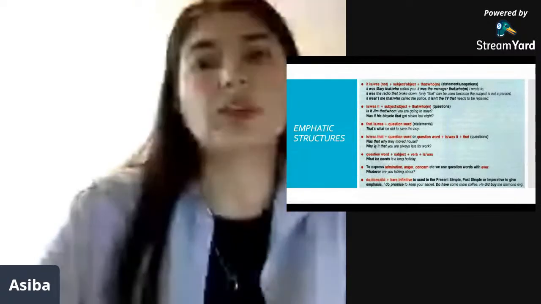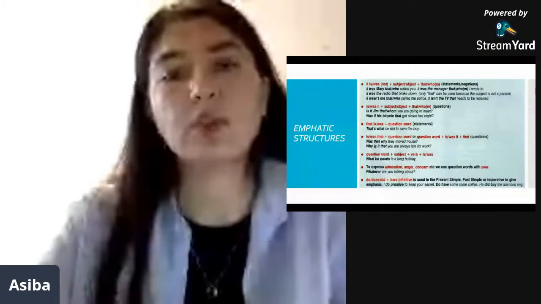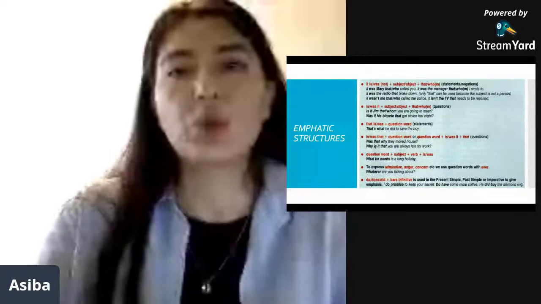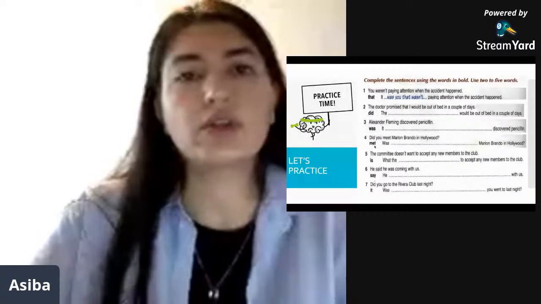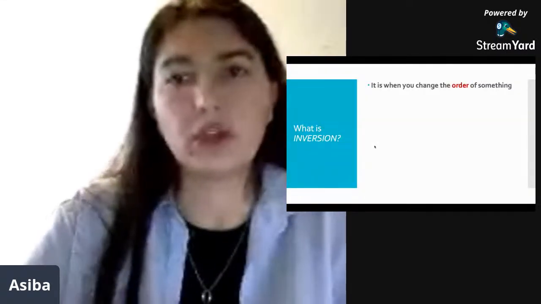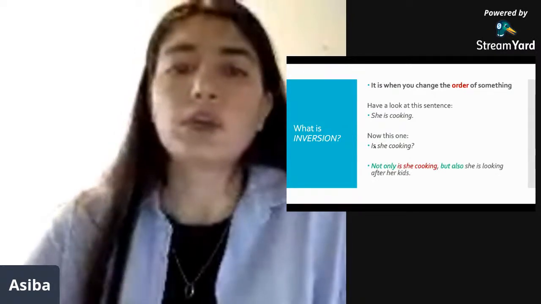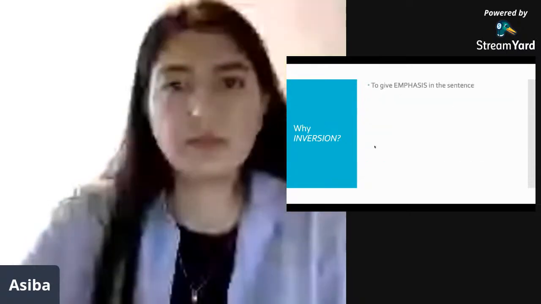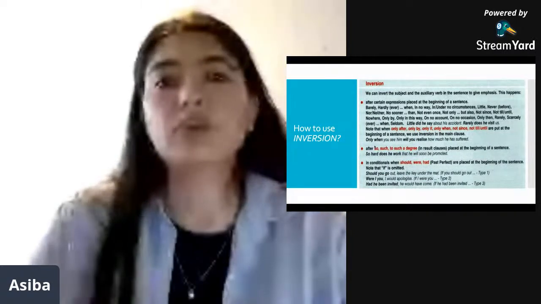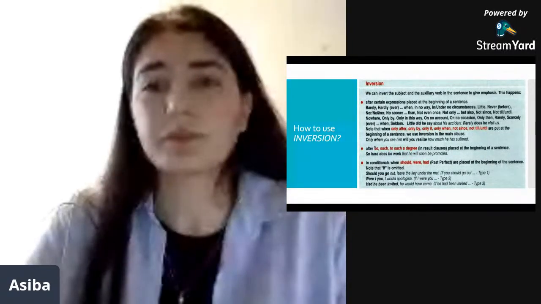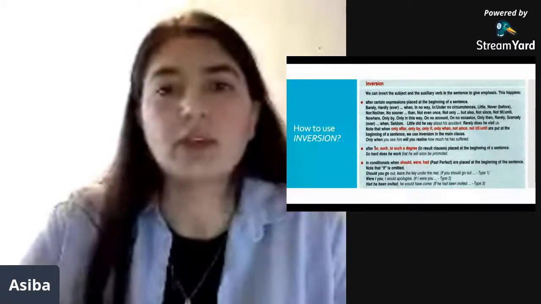And we use this structure to highlight the sentences or the part of the sentence that we want to show the importance of, right? And the second structure was with inversion, with changing the order of the parts of the sentence, changing the order of the verb and the subject. And of course, we cannot do the inversion without the phrases which are used only for inversion in this case.